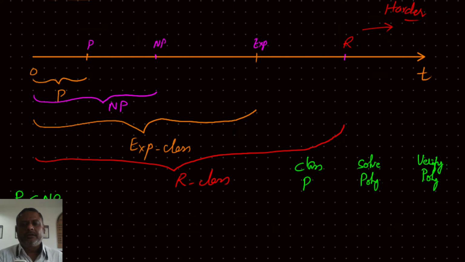Yes, so the P type of problems can be solved in polynomial time and can be verified in polynomial time. And there is another class, NP class, where this may take exponential time to solve, but once the solution is made available, it can be verified in polynomial time.